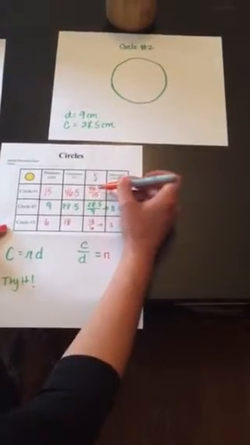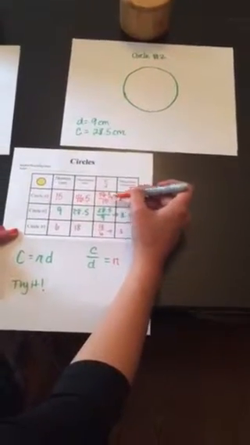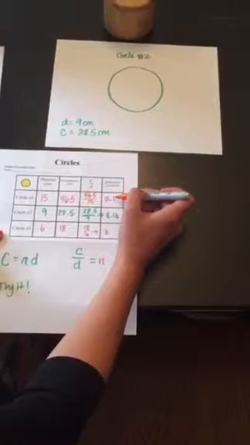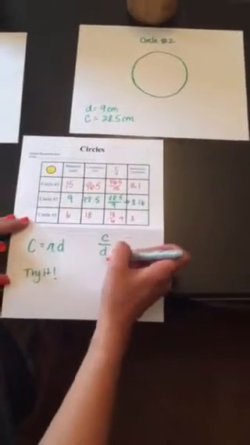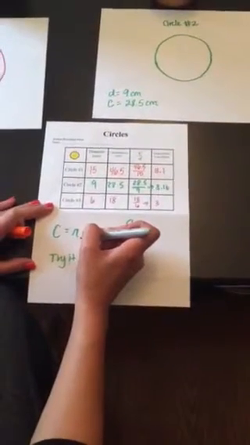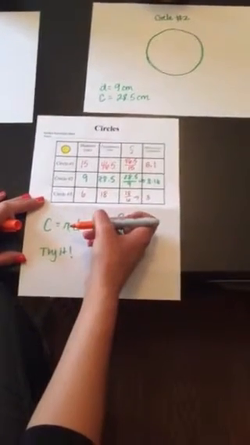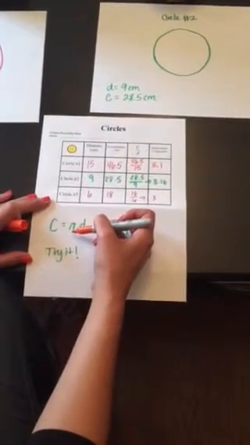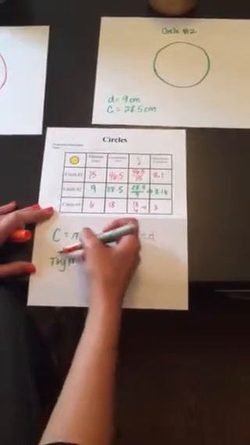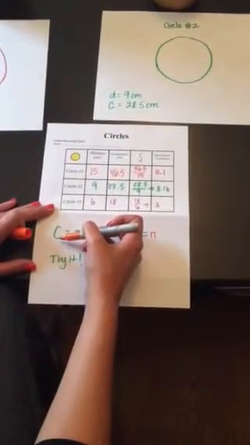Just like I did here when I did circumference divided by diameter, I got about 3.14. So this is division, and when I look at this relationship of multiplication, the same thing would happen. I take a number about 3.14 times the diameter, and I should get the circumference.